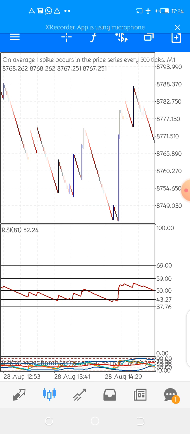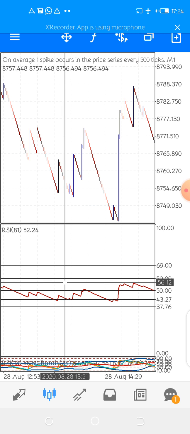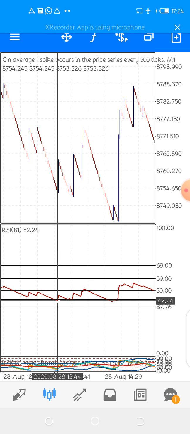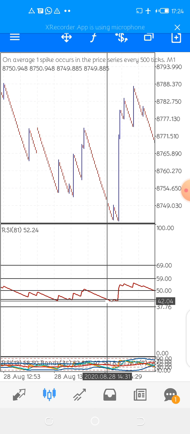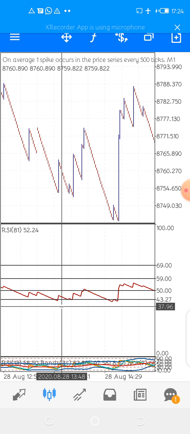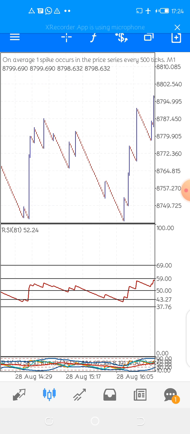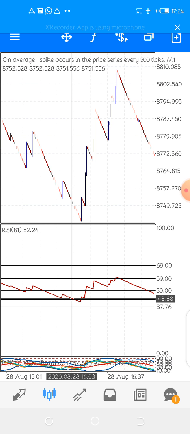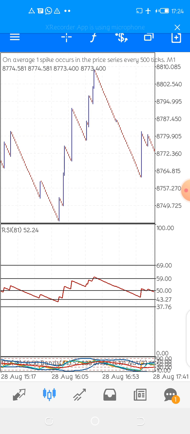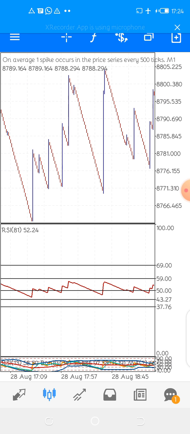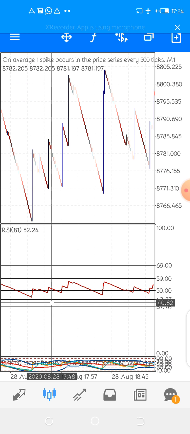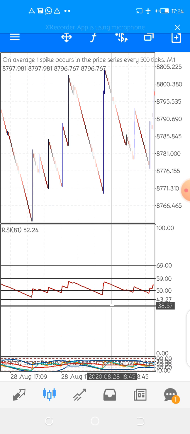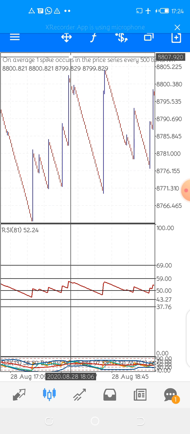You see, our level 43 is very key, this area, very key. It tests the first time, the second time, the third time, massive spikes. Okay, our 43 again tested, massive spikes. That is the middle. Anytime it spikes within the middle, that is not our major zones, it won't be much.